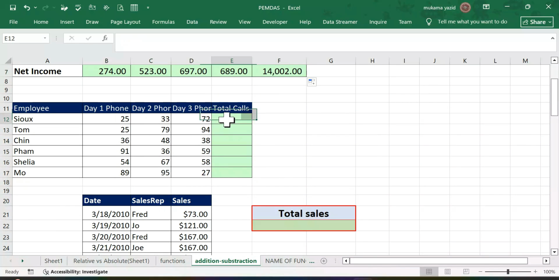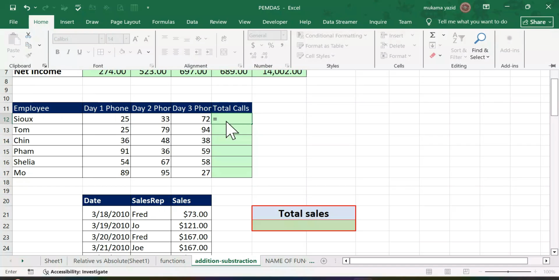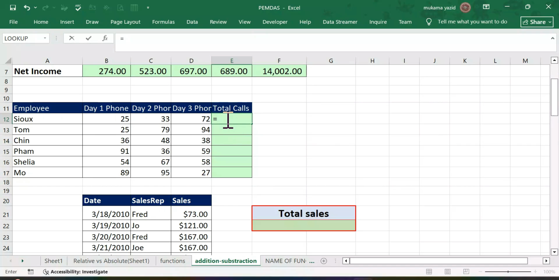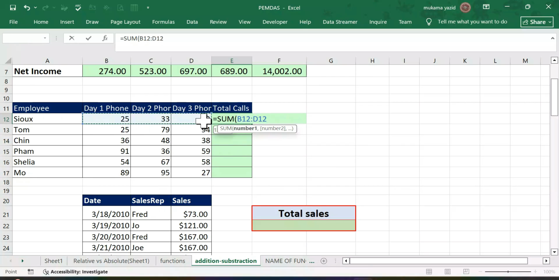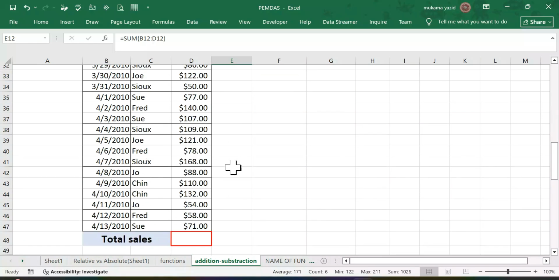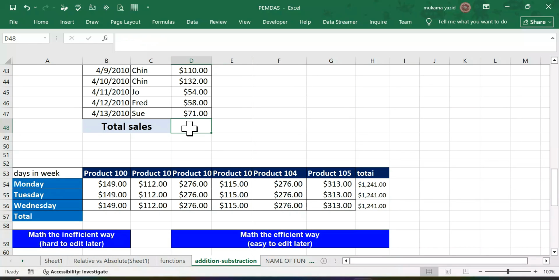Total sale, you can use a formula or function. I think function is better, it saves time for you. Or you can use sum. You can just type the word sum, select, enter, autofill, same. Even here you can use sum.